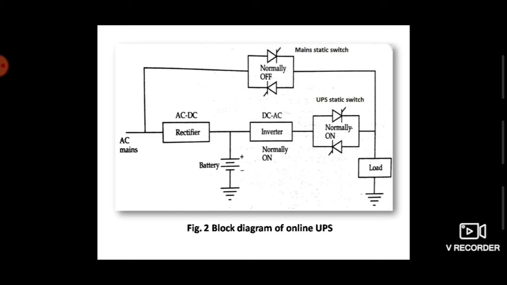So this is one of the drawbacks of online UPS also, that the inverter has to be always on, because it is actually an inverter preferred UPS, whereas the offline UPS system was line preferred UPS. You should draw this block diagram on your copy, and also the diagram of the offline UPS.